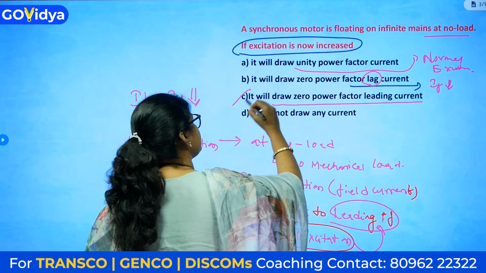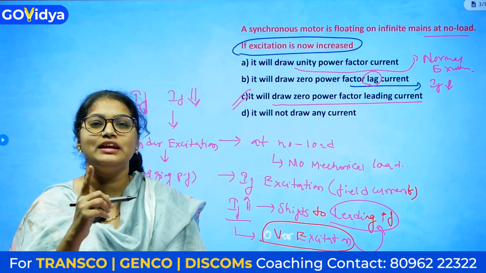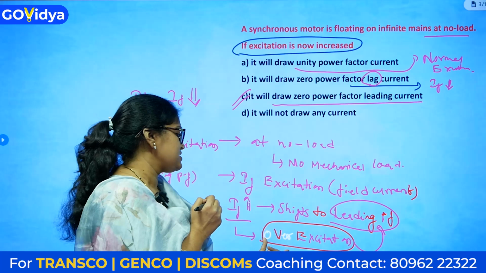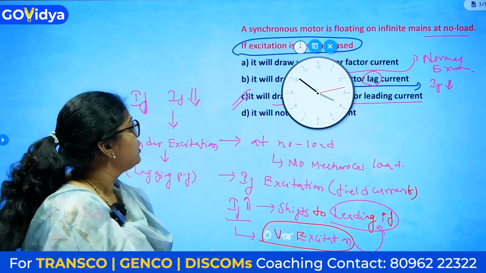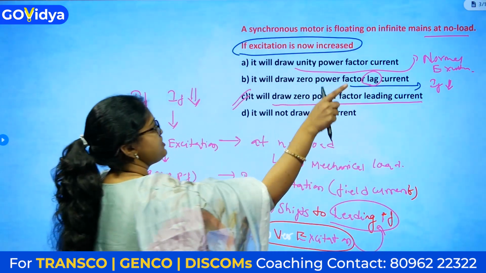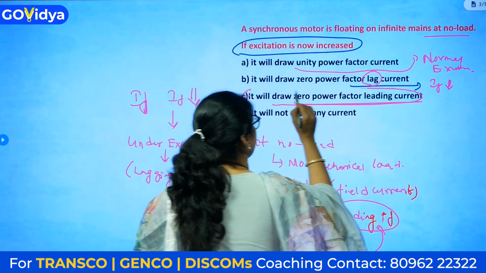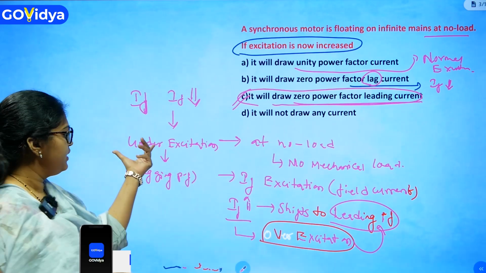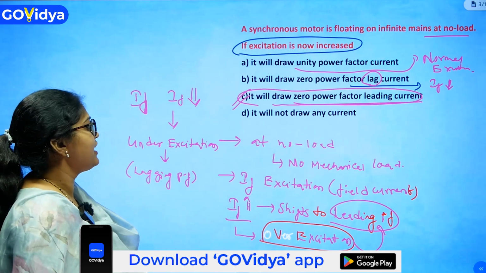Yes. If excitation increases, the motor will shift to the leading power factor, which means it will work under the condition of over excitation. So in the question, if the excitation is now increased, then it will draw zero power factor leading current. Clear? So make a note of all these points. So let's move to the next question.